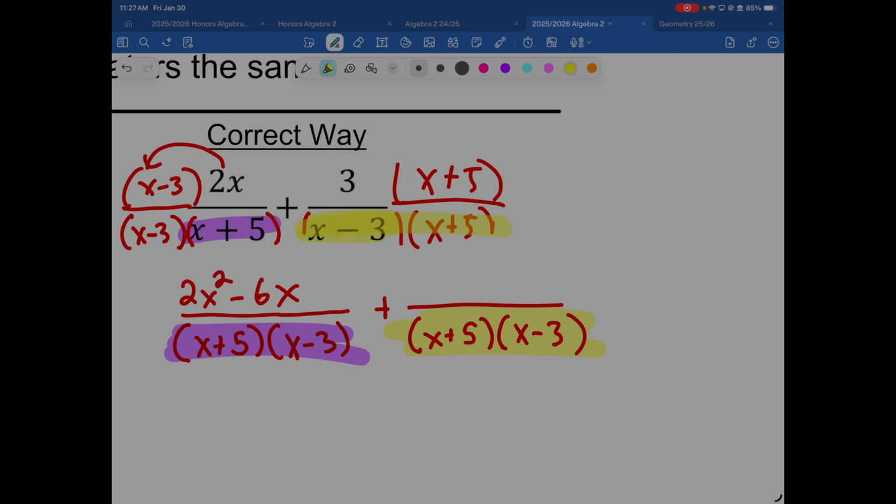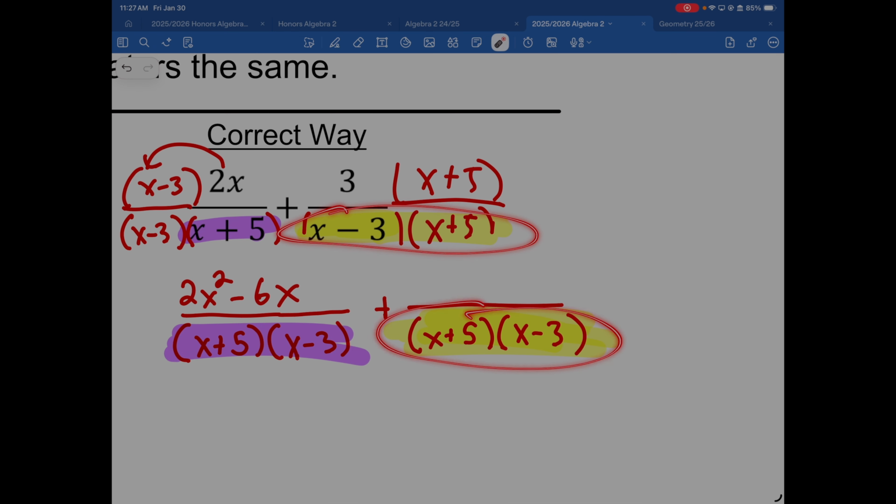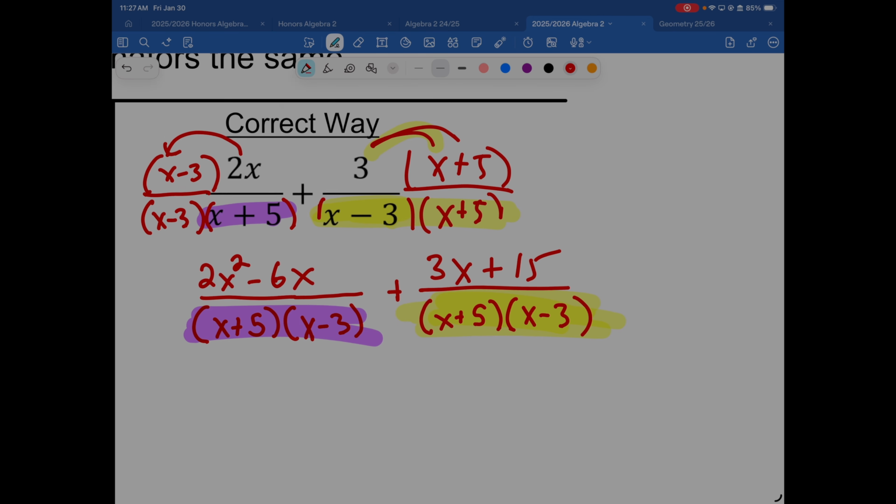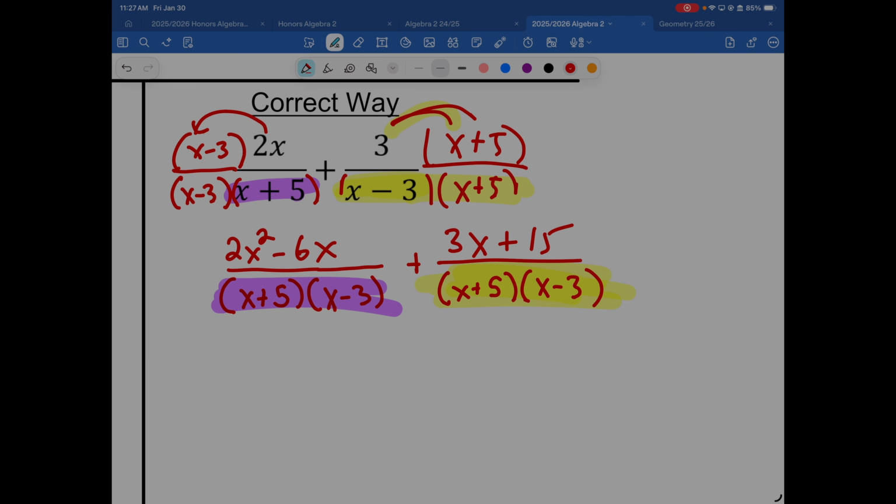Now what's here is the same thing as what's there. These two things now, though they're reversed order, have exactly the same binomials in them. Again, we distribute. 3 times x is 3x. 3 times 5 is 15. We've got all our equivalent fractions written down.